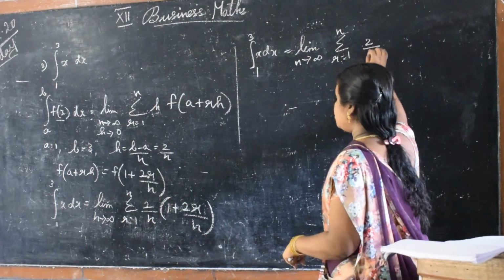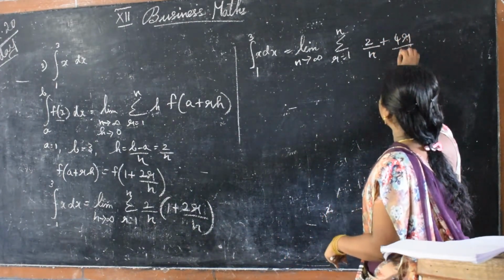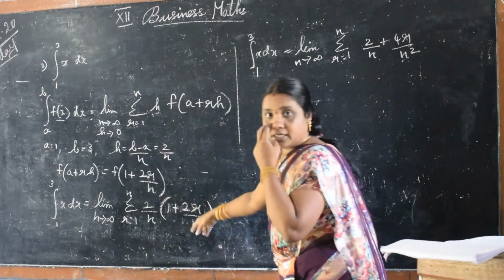You will get 2 by n plus 4r by n square, and it is over n.